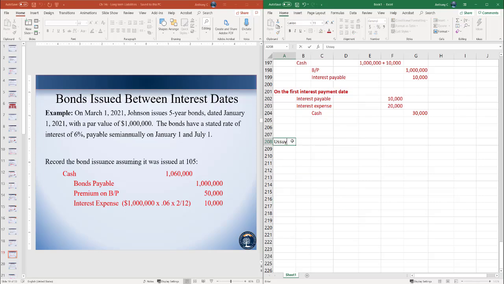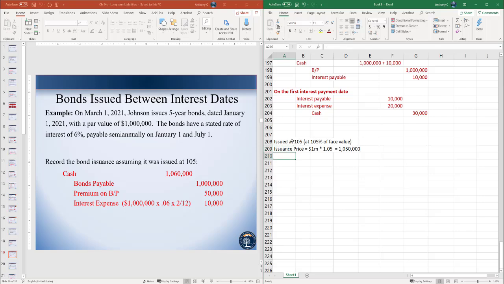So if it's issued at 105, again, that means at 105% of face value. So the issuance price is equal to the $1 million par value times 1.05, which would bring us to $1,050,000.